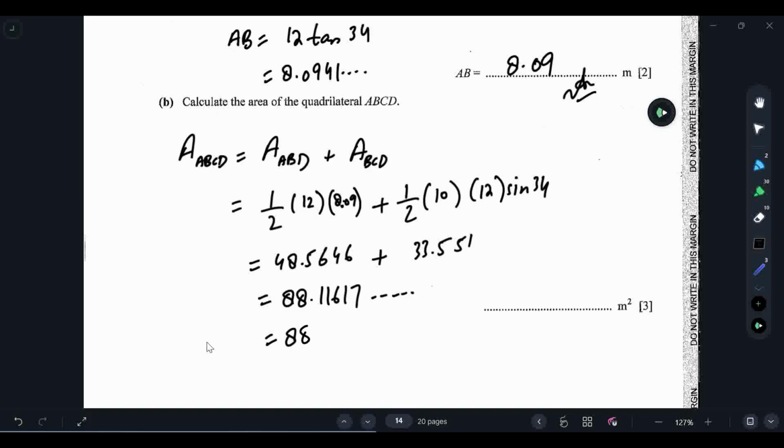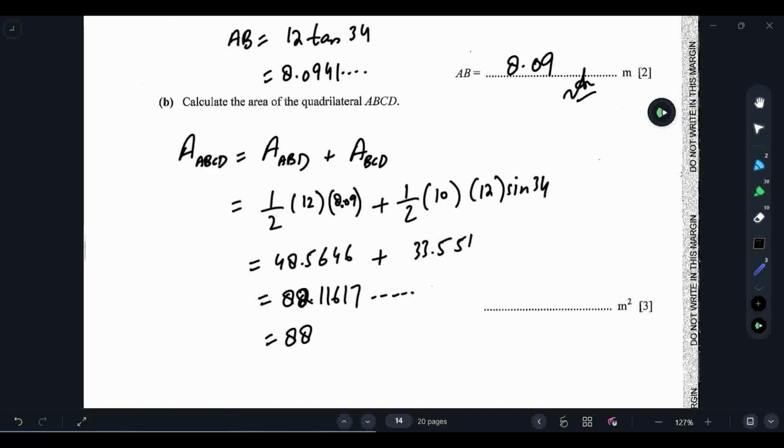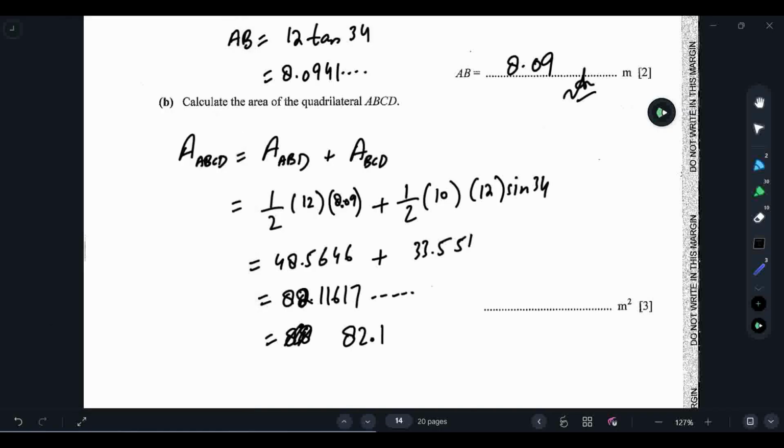So 88, not 88, it's 82. So this should be equal to 82.116. So this means 82.1 will be the final answer.